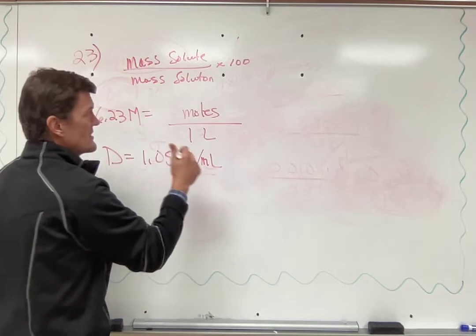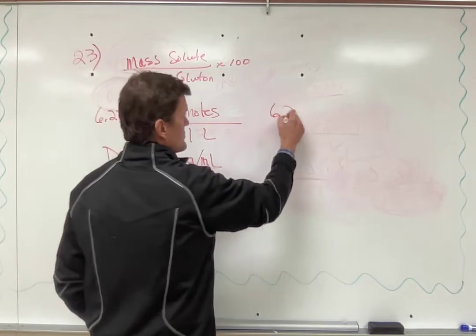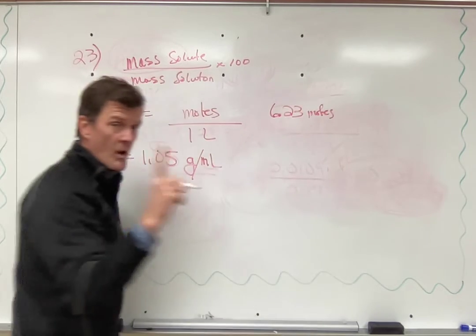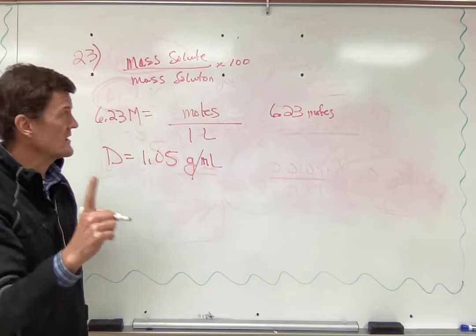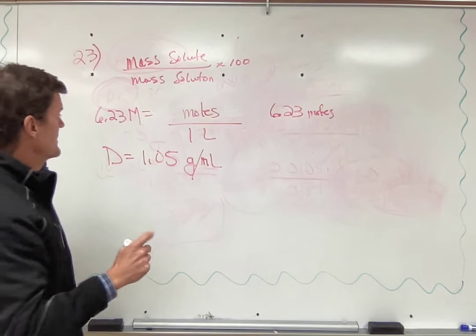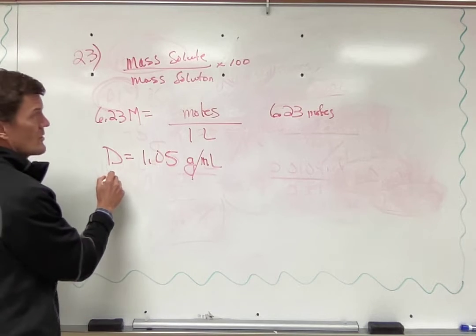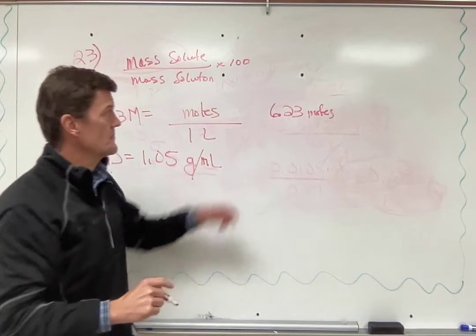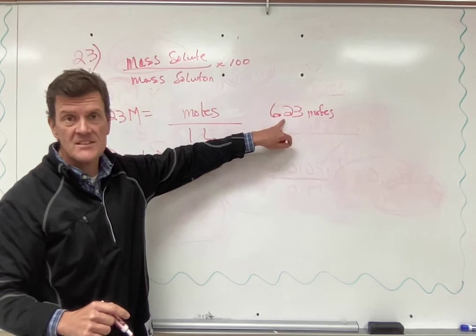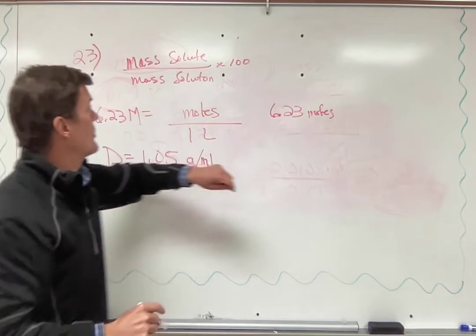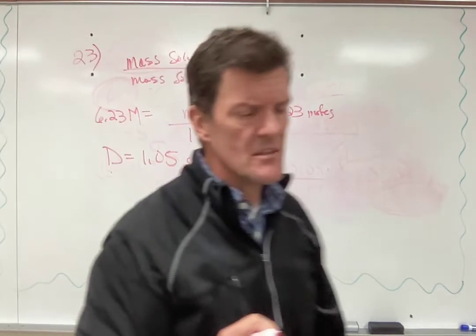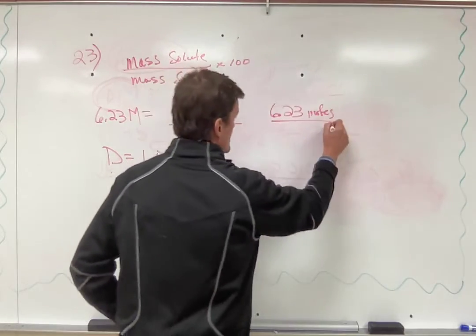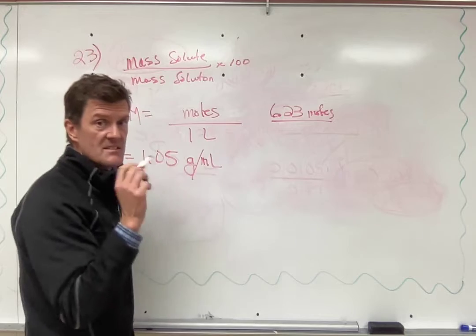So we have here 6.23 moles in 1 liter, okay? Let's figure out what that is in grams. Do they tell us the compound here? Yes, MgCl2. So this is moles, and I want to convert that to mass.